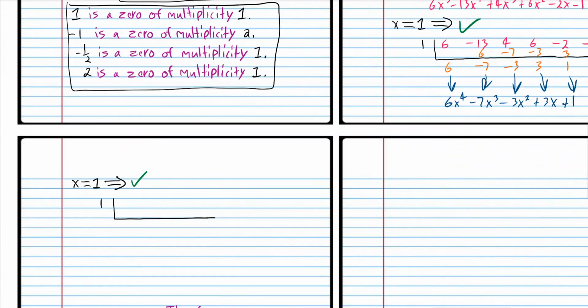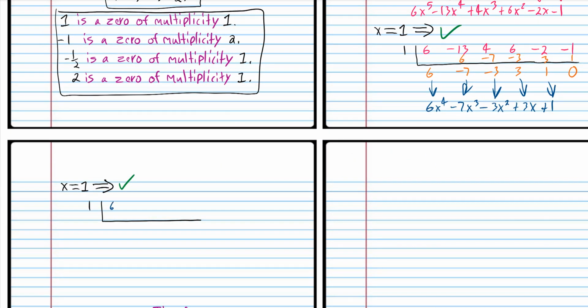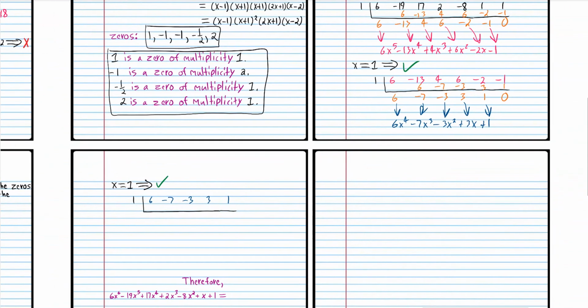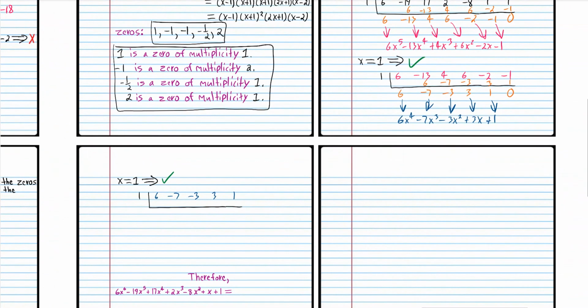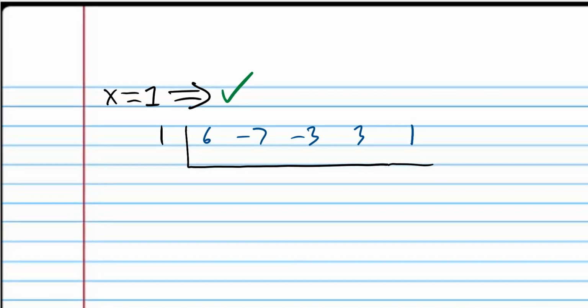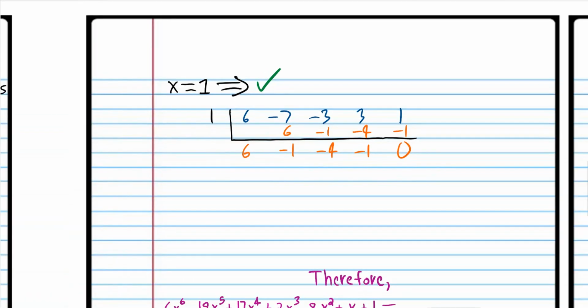And let's write the blue coefficients: 6, negative 7, negative 3, 3, and 1. And let's make sure we wrote those right. So let's do the synthetic division algorithm. And our remainder is 0, so that's a good sign.